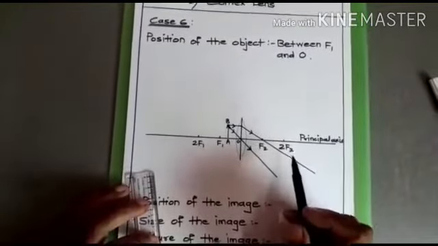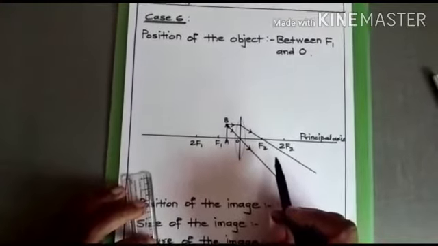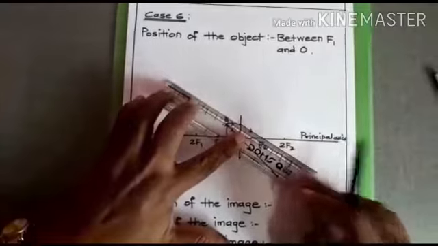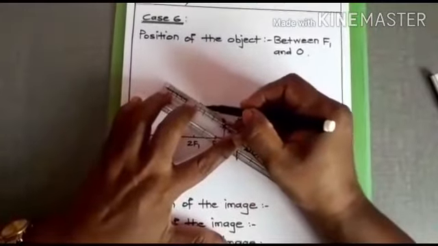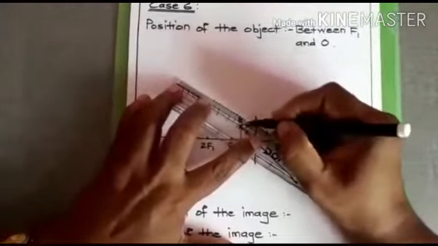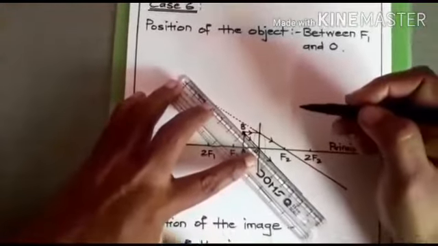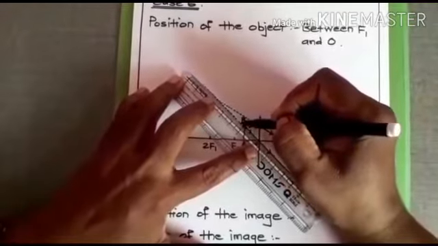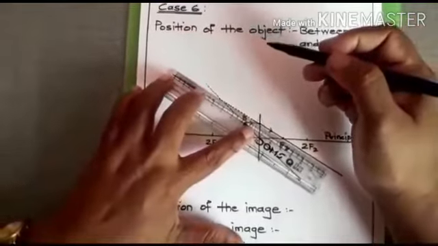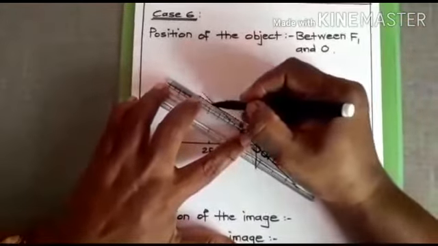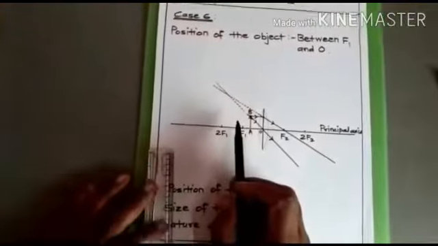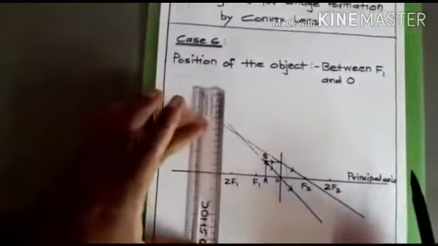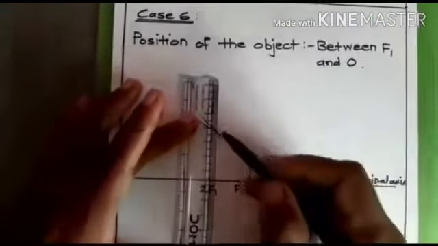So we need to produce them backwards to obtain the image. The intersection of these two light rays is the position of the image.